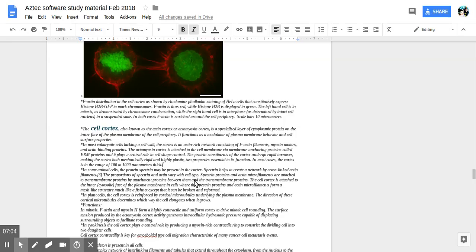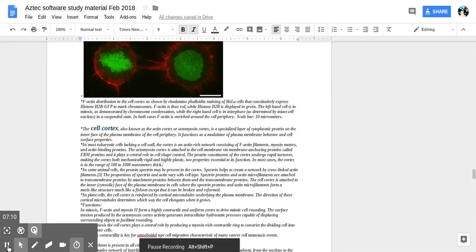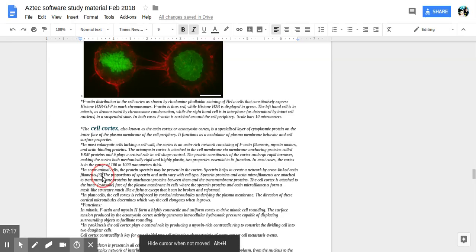In some animal cells, the protein spectrin may be present in the cortex. Spectrin helps to create a network by cross-linking actin filaments. The proportions of spectrin and actin vary with cell shape. We're going to learn a bit more about spectrin in a bit. The spectrin proteins and actin filaments are attached to transmembrane proteins by attachment proteins between them and the transmembrane proteins.